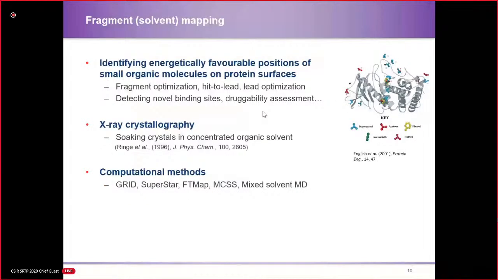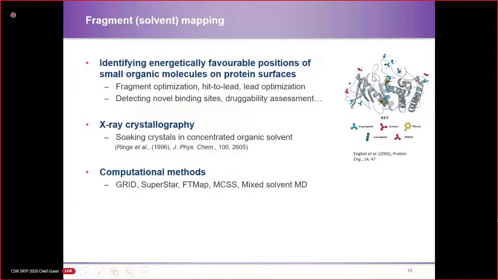So what is fragment mapping? You can do it experimentally using X-ray crystallography. The idea is that you freeze your protein as a crystal, and then you keep on adding a high concentration solution of many small molecules. Then you solve each of those structures and you see, oh, there are benzene molecules binding here, acetone binding here, and so on.